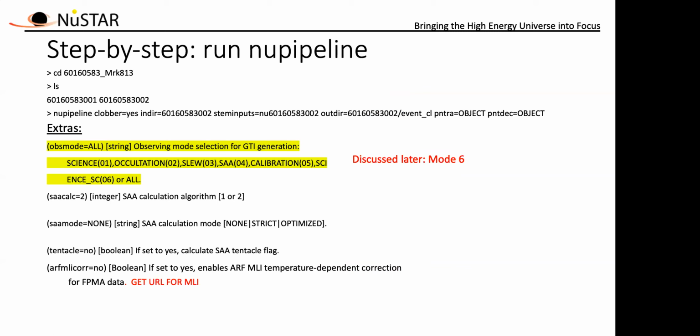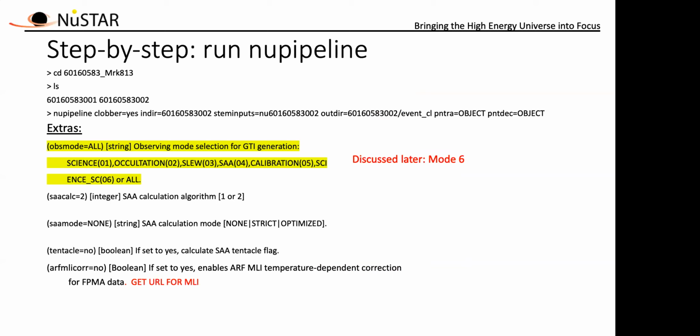So I just want to point out there's some extra keywords that you may want to work with when you do the new pipeline. One of them is this ops mode, which by default is equal to all.